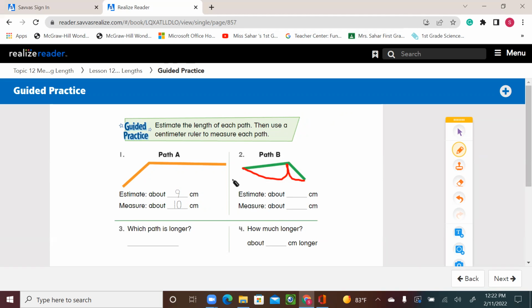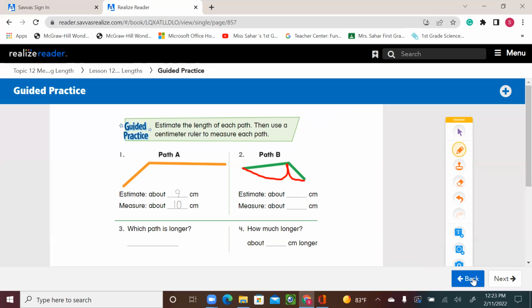If path A was longer than path B, this is the longer, and you will see that the measurement was about 10 centimeters, and the measurement here was 8 or 7 or 9, so you will know about how many centimeters longer the red path is than the green path.